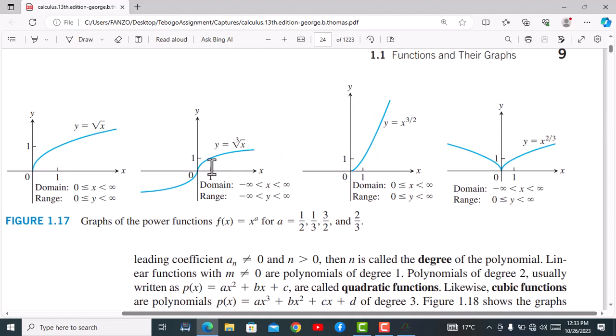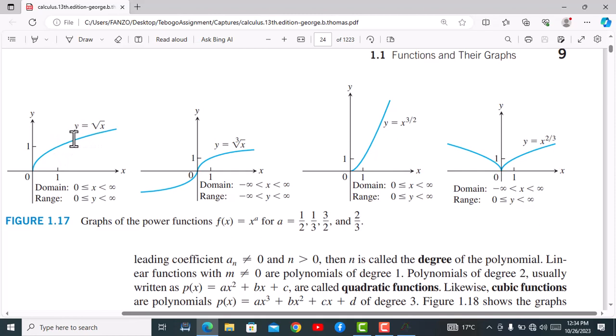I'm not going to draw these graphs. We already dealt with that one. We dealt with this one. You understand that one. This one is also very simple. So you can see that the domain is very clear in this one, even the range. And the range, you can see that y should be greater than or equal to 0, positive y values, and y should be less than infinity.